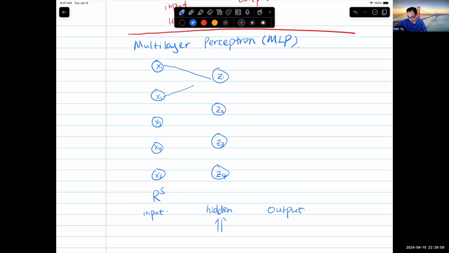That means I have weights passing to Z1, weights passing to Z2, Z3, Z4, and so on. They're all fully connected.